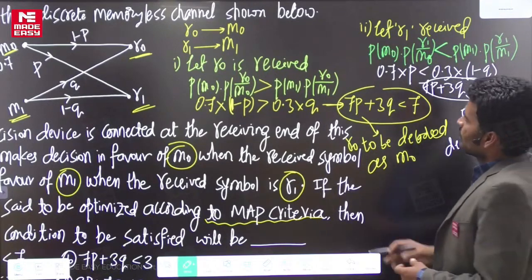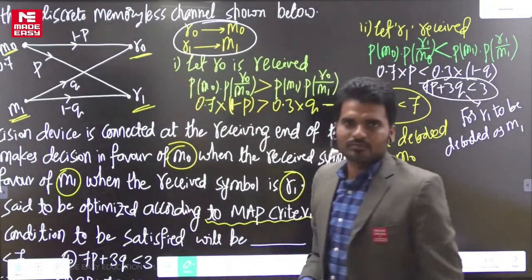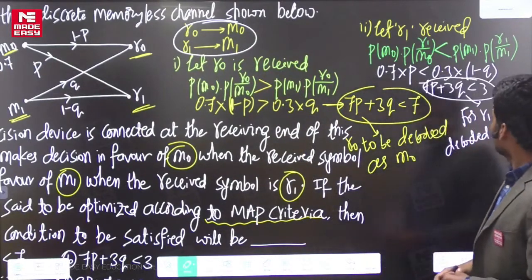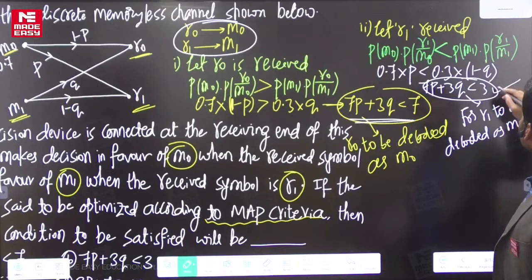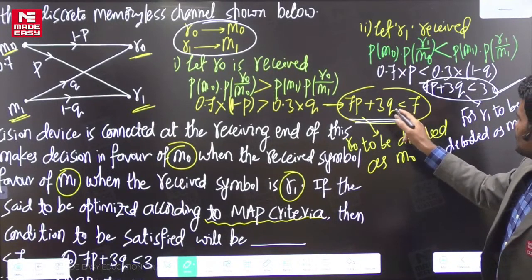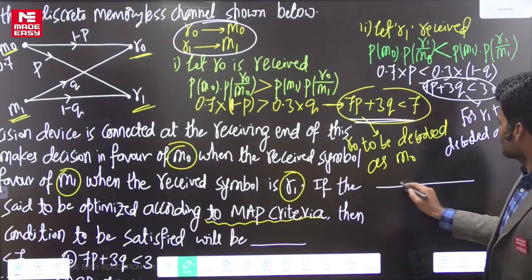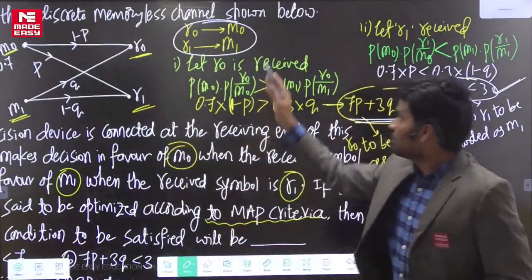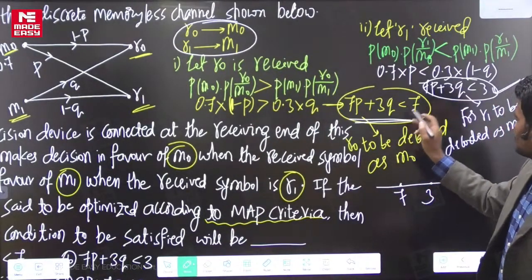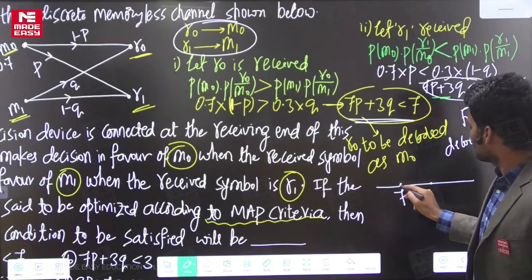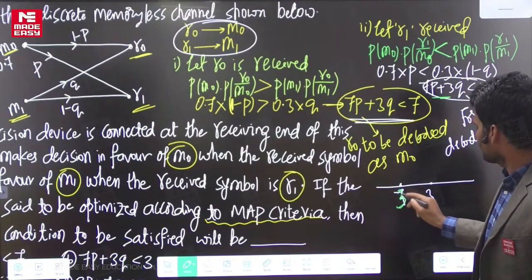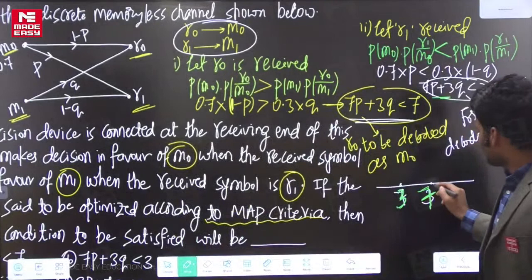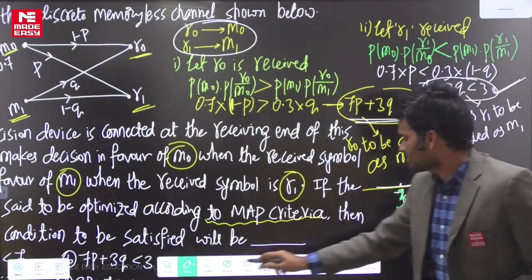Now, to make both decisions, this condition should be satisfied and that condition also should be satisfied. So 7P plus 3Q should be less than 7, and at the same time less than 3.